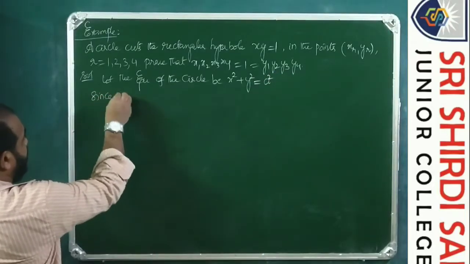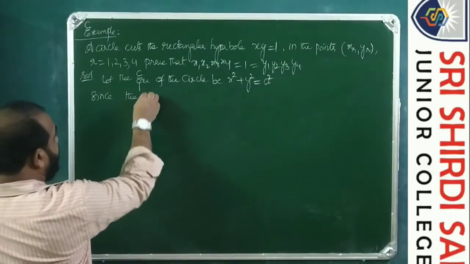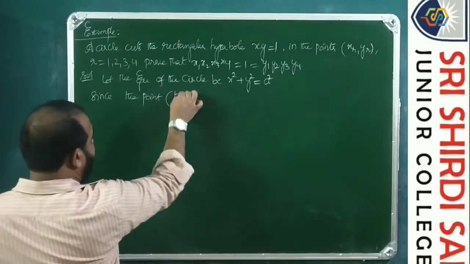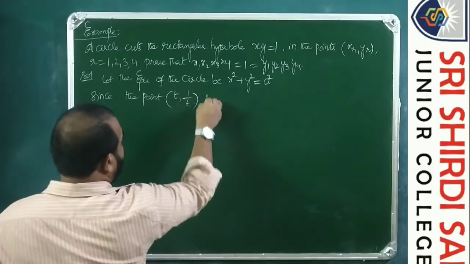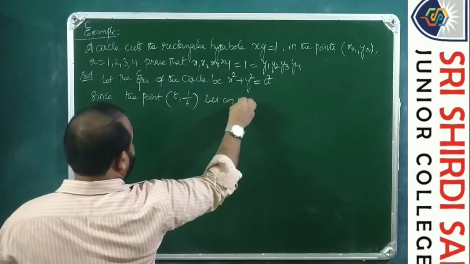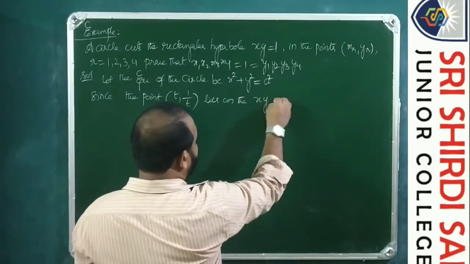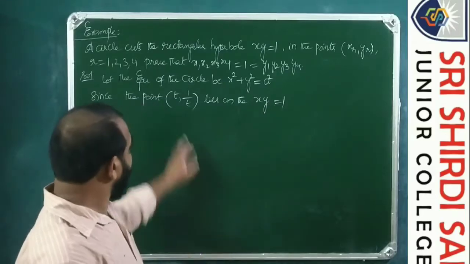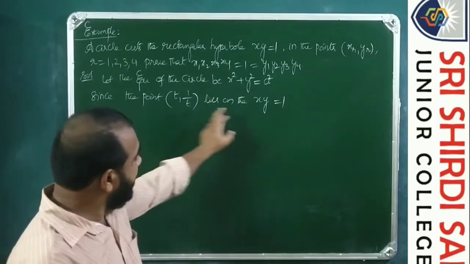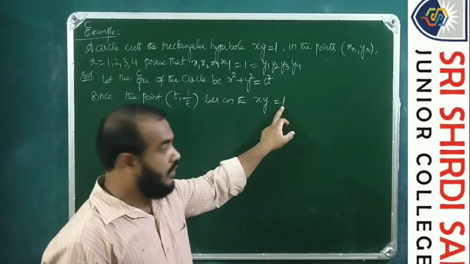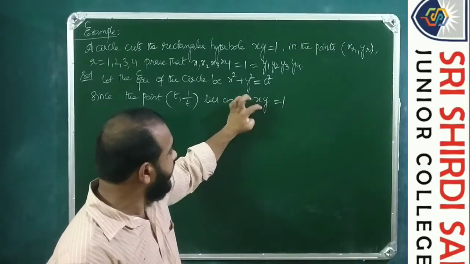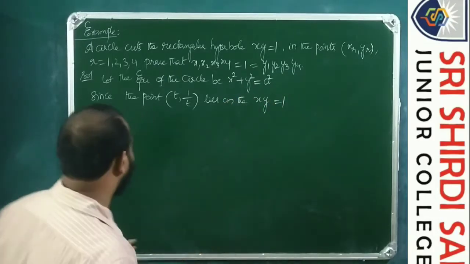Since the point t comma 1 by t lies on the rectangular hyperbola xy equals to 1, because t comma 1 by t satisfies xy equals to 1. So t into 1 by t gets cancelled is equals to 1.